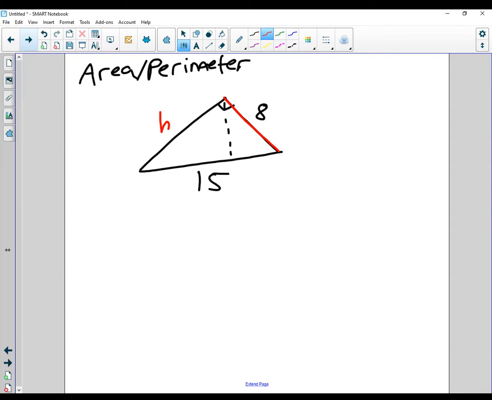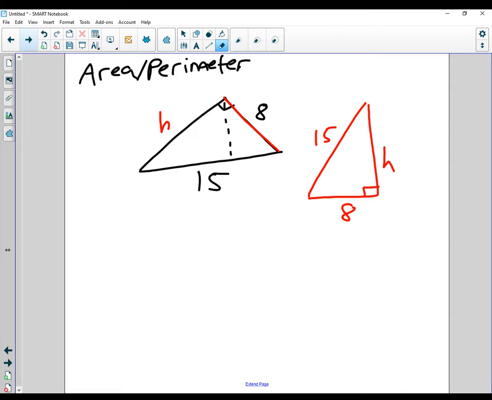Right there? Right, if I took this triangle and now it's facing this way, it makes sense why that's the height. How can I find that height?